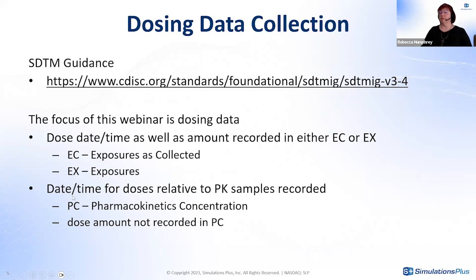And additional dose times may be recorded along with the PK samples in the PC domain for the pharmacokinetics concentration. Typically, dose amount is not recorded in the PC domain. There are other supplemental domains that may accompany these as well.